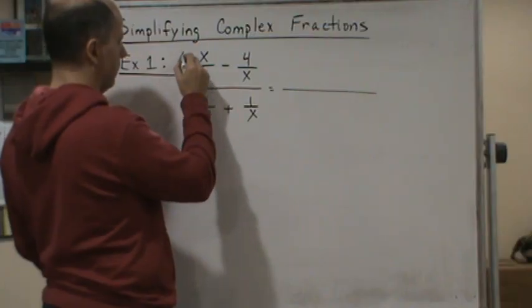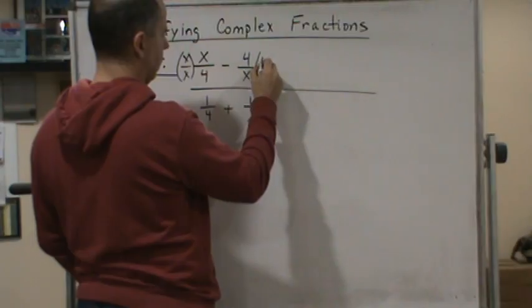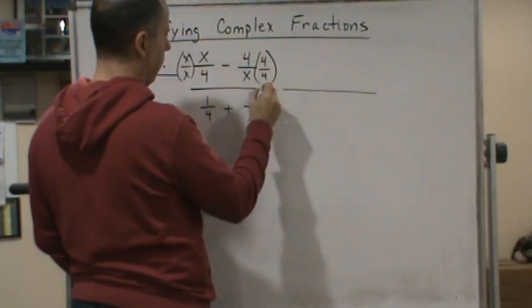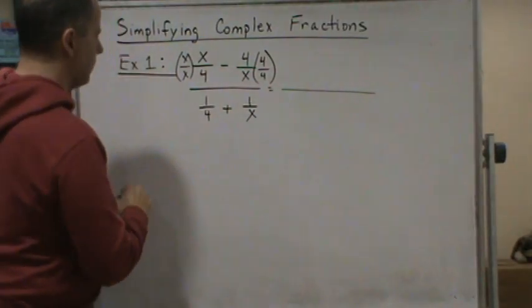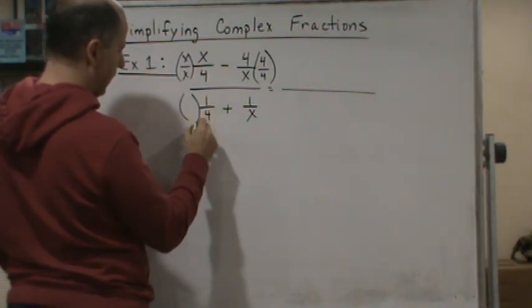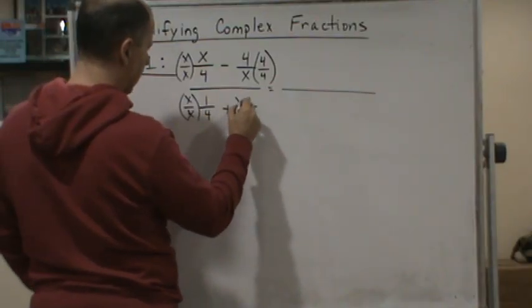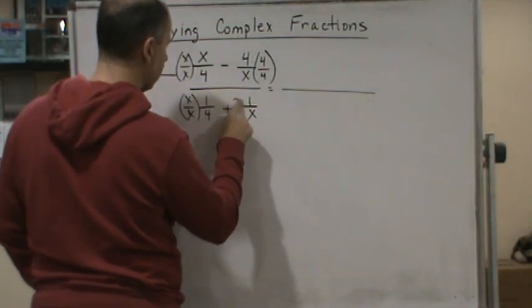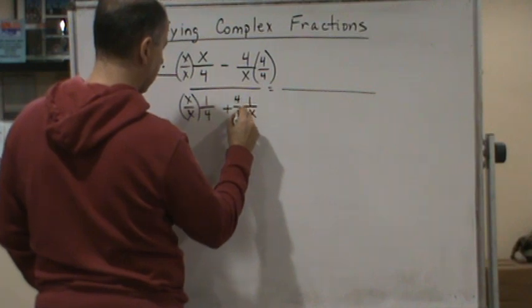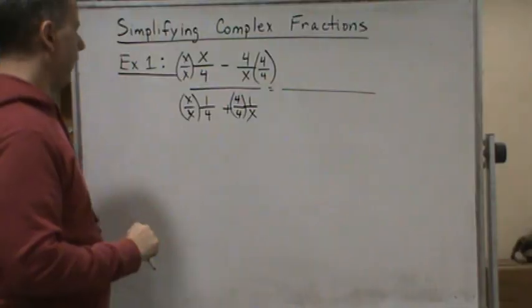I can just write x over x, 4 over 4, right? And I can do the same thing on the bottom, right? So I can multiply this by x over x and multiply this by 4 over 4. Okay? And so what do I get?